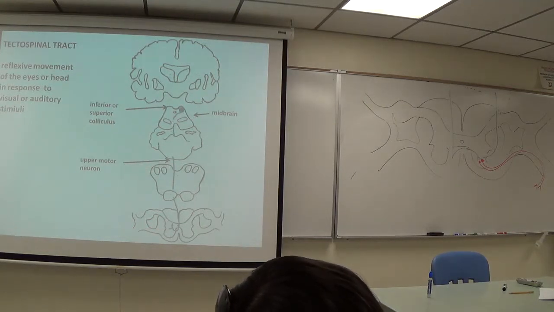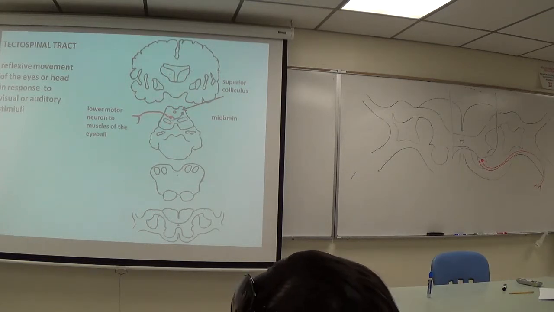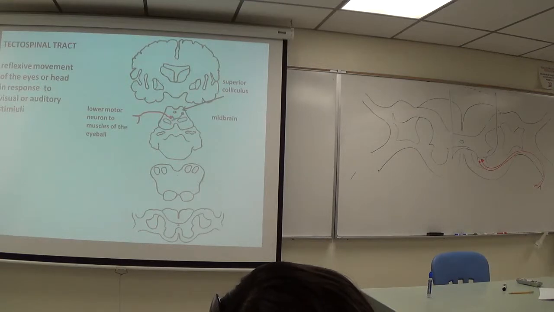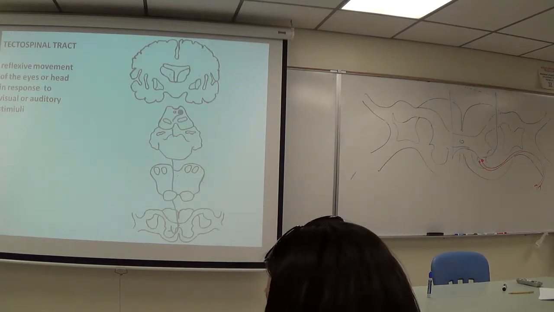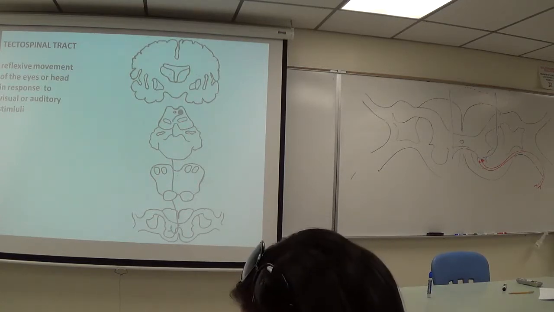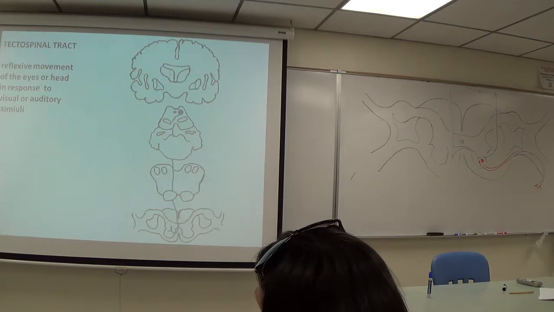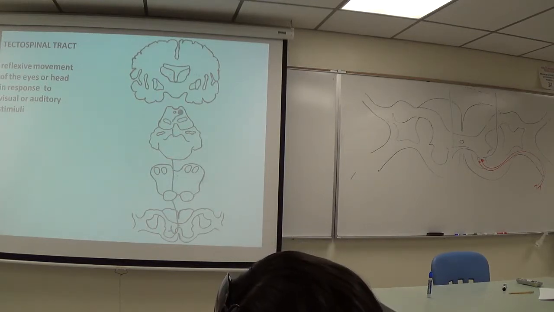So the upper motor neuron can be very short if it's going to eyeball nuclei: oculomotor, trochlear, abducens. The upper motor neuron would be long if it's going to neck muscles. But in this case, it's the upper motor neuron that's crossing over.